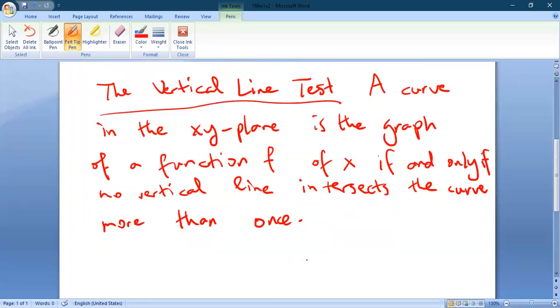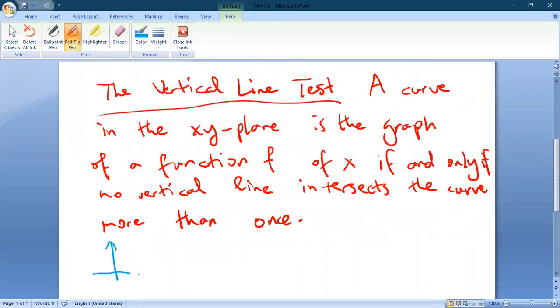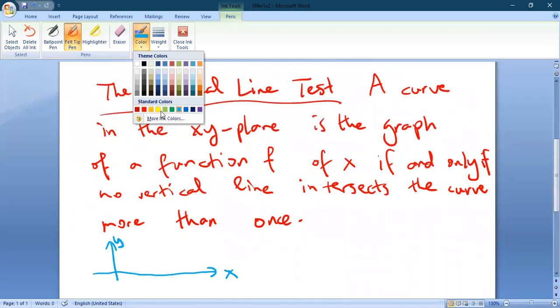So let me give you some examples here. For instance, let's say we have an xy plane. Remember, x is the domain axis, y is the range axis. So let's say we have a graph like this.